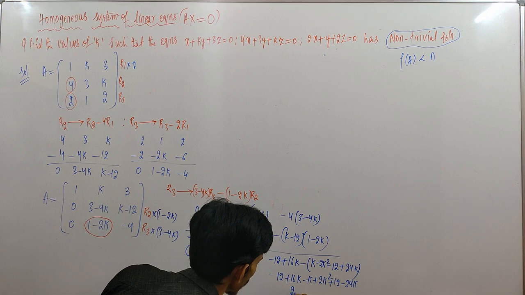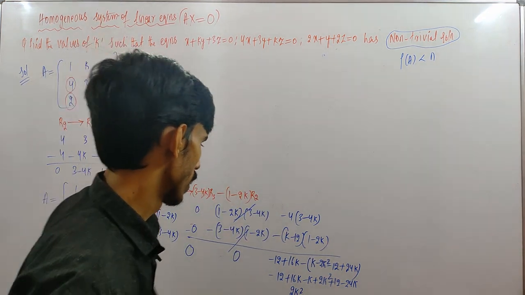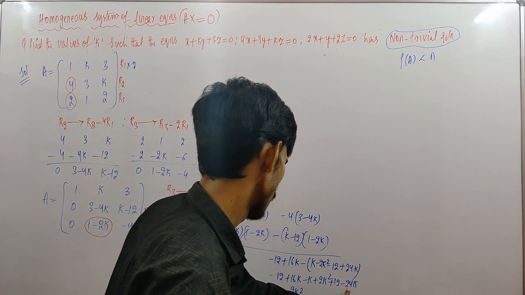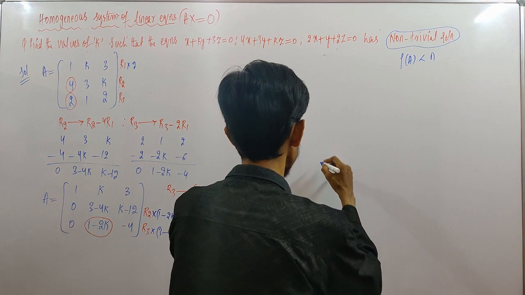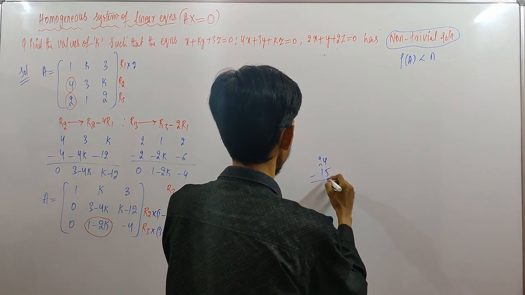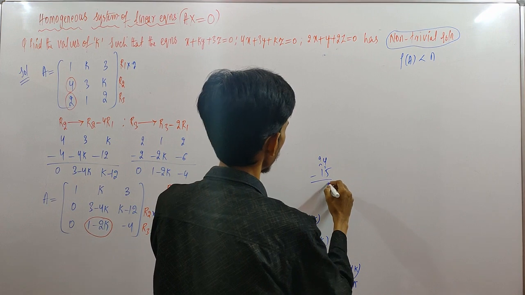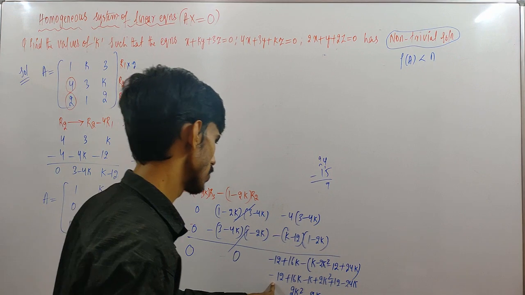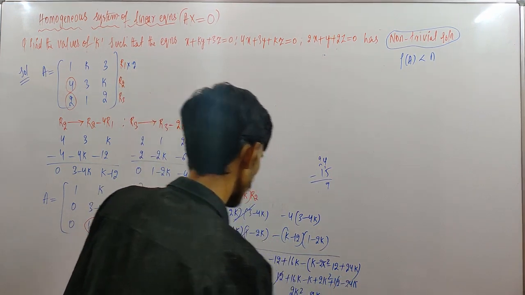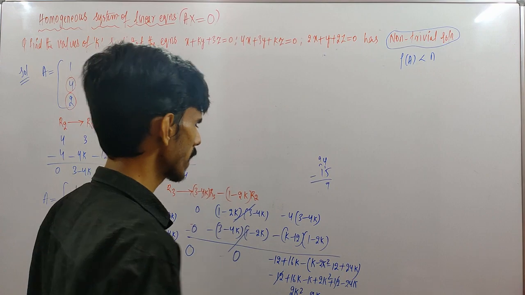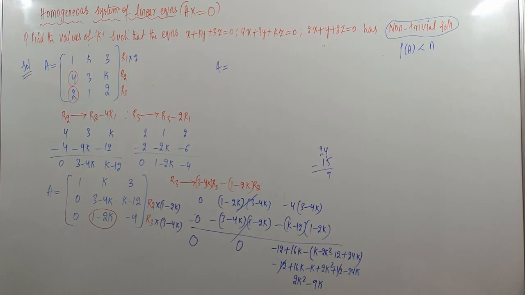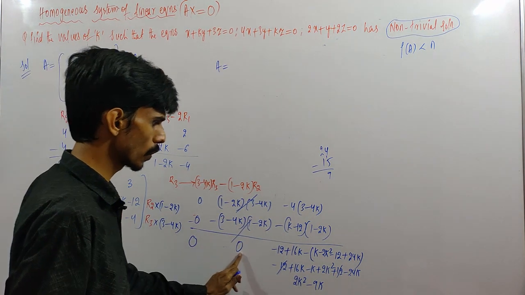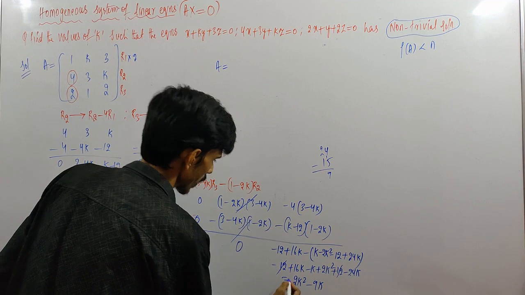Here we have 2k square, 16k minus k is 15k, plus 15k minus 24k gives minus 9k. The constant 12 gets cancelled. We have 2k square minus 9k. Now we got the third row 0, 0, 2k square minus 9k.